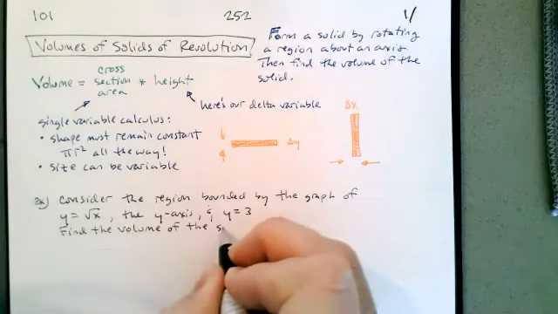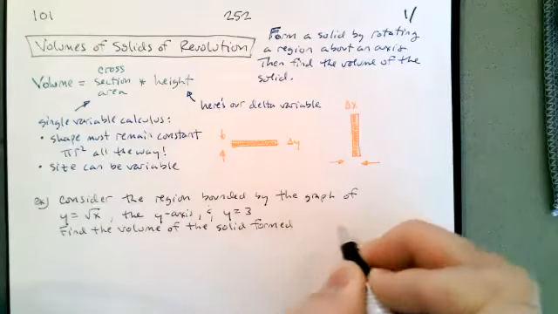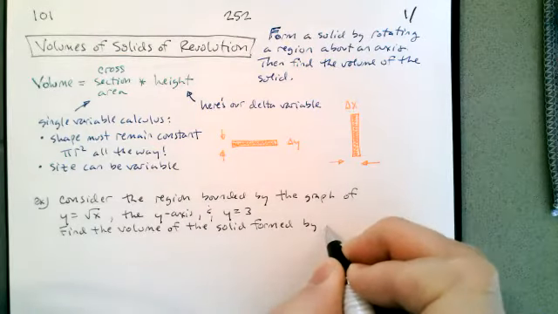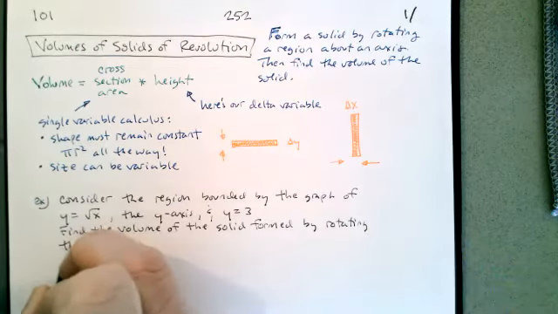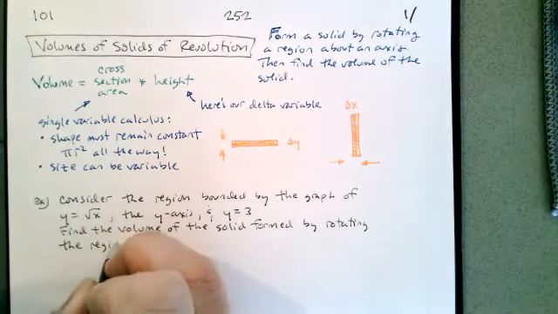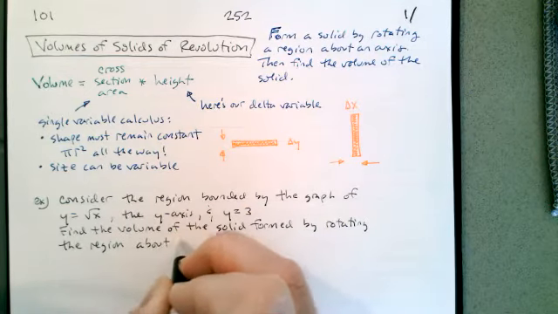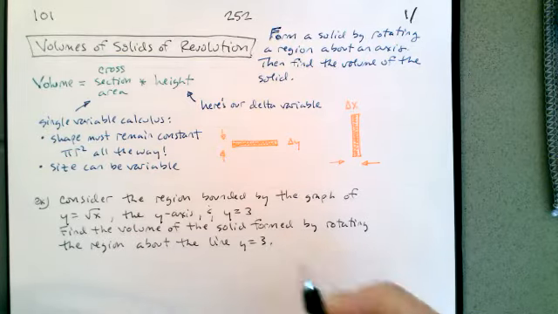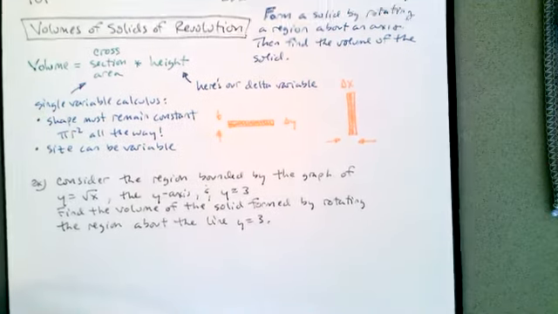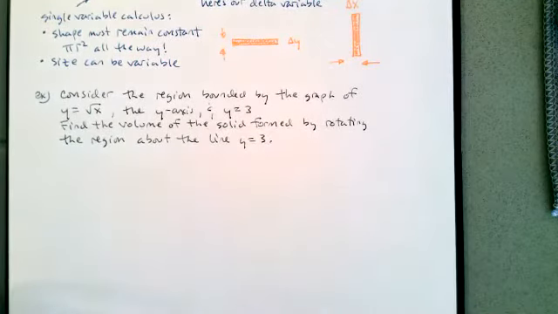formed by rotating the region about the line y equals 3. So let's draw a picture so we can see where our slice is going to be.